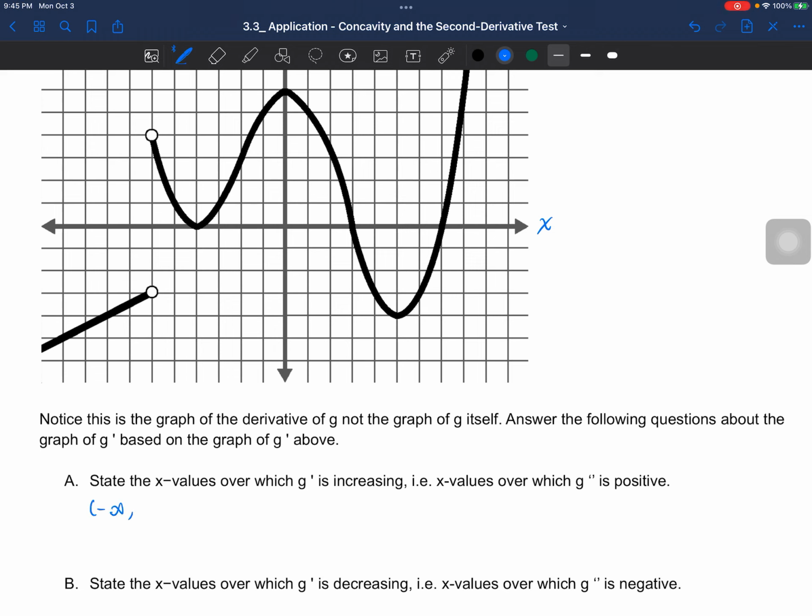So we're gonna say from negative infinity to, let's see, negative 1, negative 2, negative 3, negative 4. So this is negative 6.